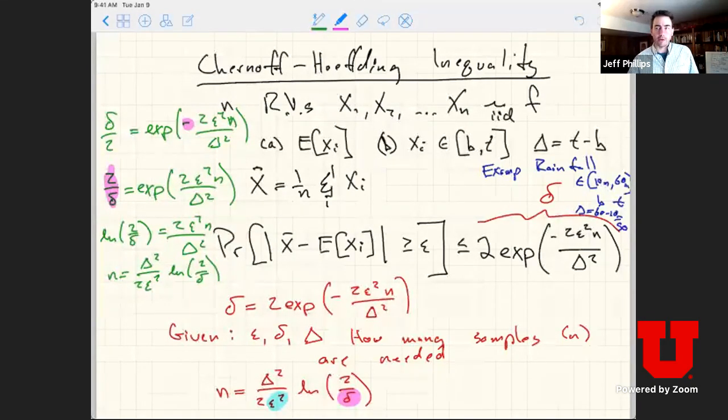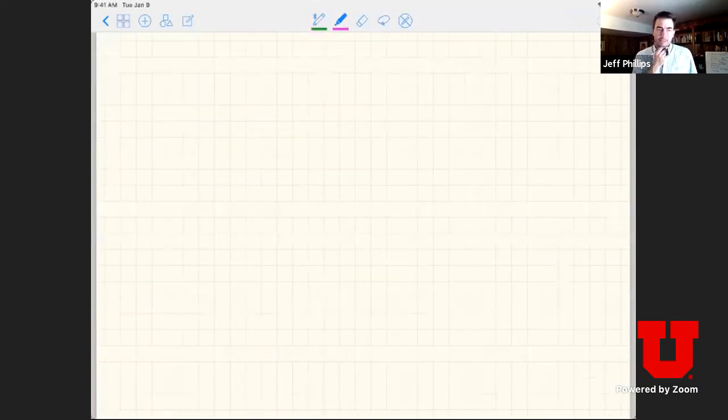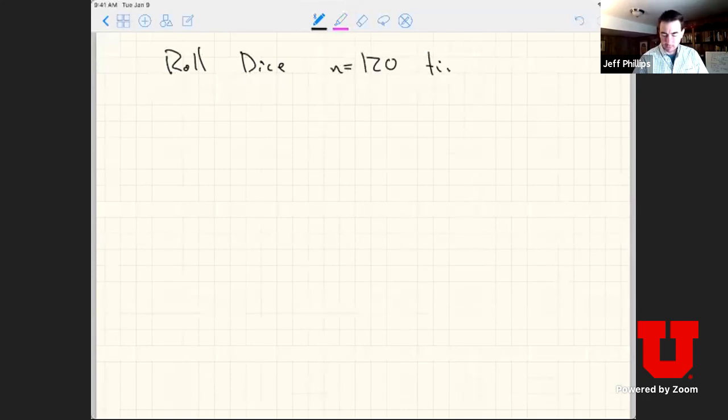Okay, so I'm going to try and do one example here, and we'll try and compare the Chernoff-Hoeffding bound and the Chebyshev bound. I might go a little bit over time, but we'll keep rolling. So I'm going to roll some fair dice, n equals 120 times.